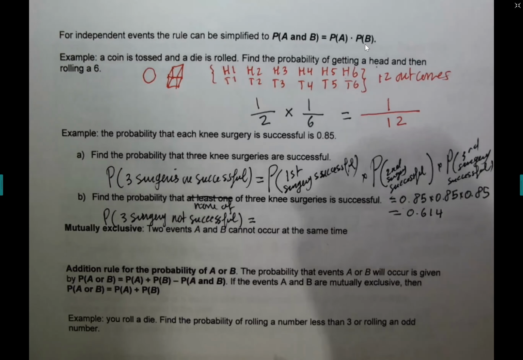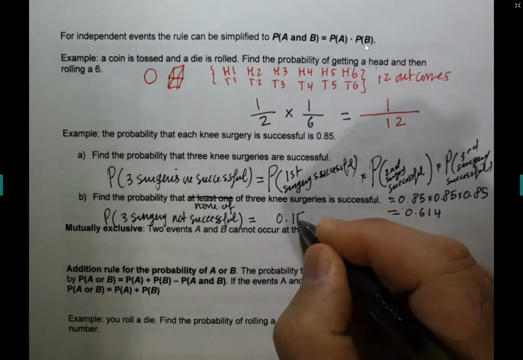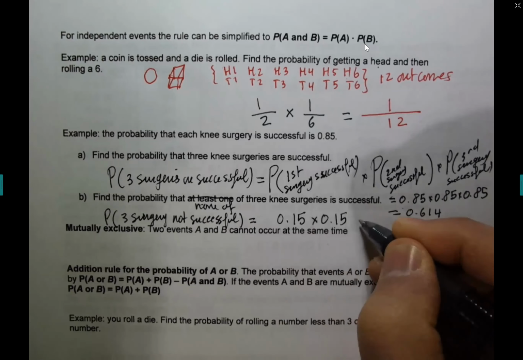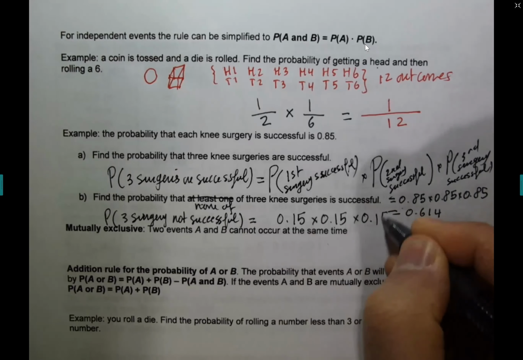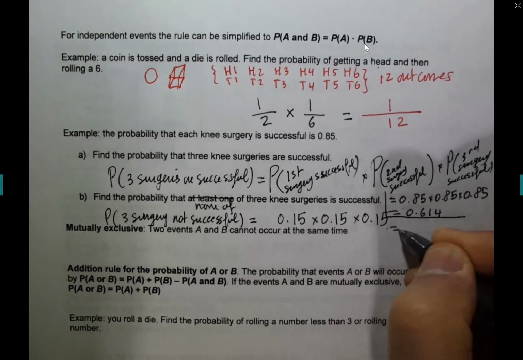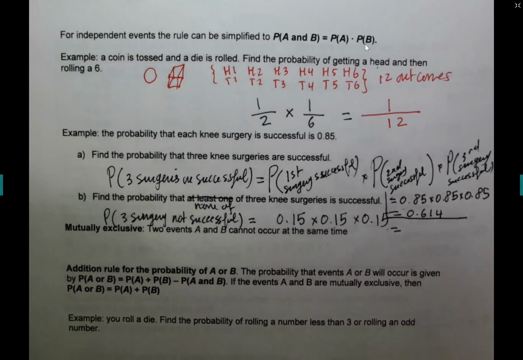So it's going to be 0.15 for the first patient, and 0.15 for the second patient, and 0.15 for the third patient, and let's see what will be the answer. It has to be very low, otherwise this surgeon will be in serious trouble.